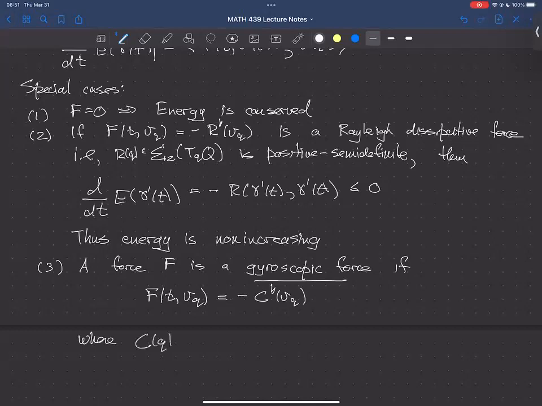It's rather like the Rayleigh dissipative case, except rather than being positive semi-definite, it's skew symmetric.